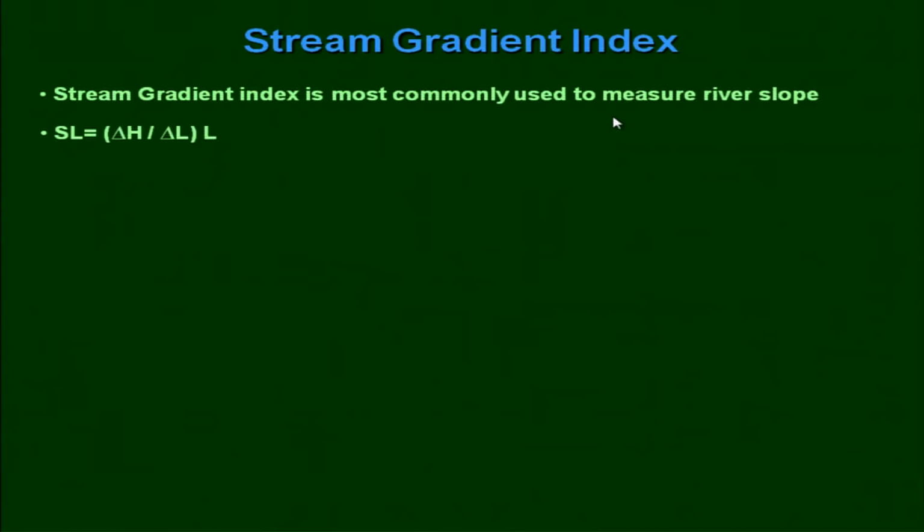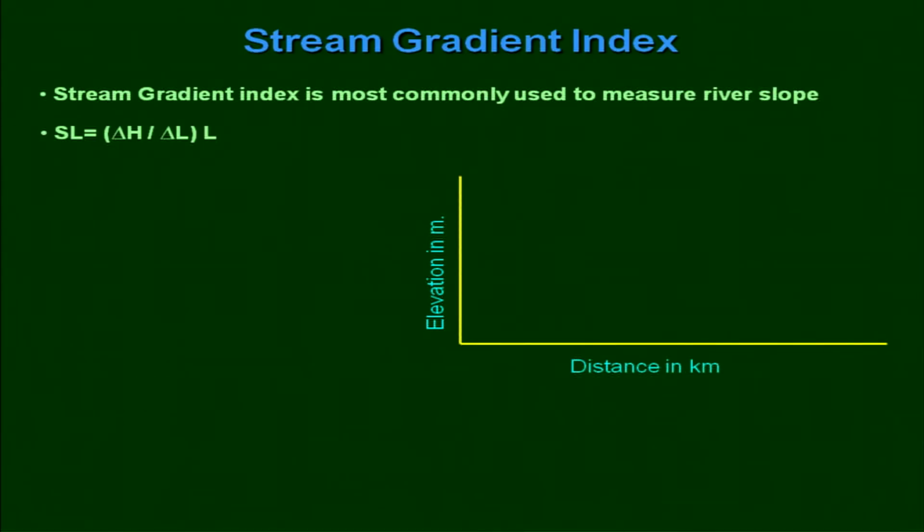It has been given as an expression SL is equal to delta H by delta L into L. So if you take the longitudinal profile of any major or trunk stream, which can help you in identifying the locations of active deformation, then you can have the length versus elevation. So the distance from the origin, or any point from where you want to draw the longitudinal profile, distance in kilometer and elevation in meter.